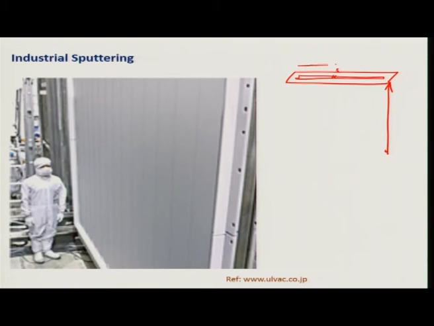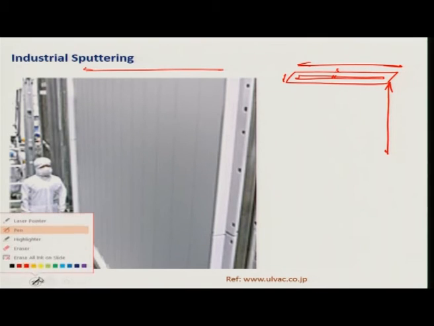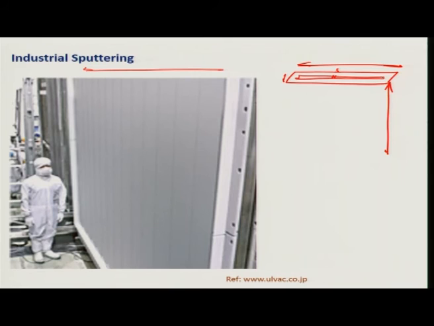So, the width of this would be exactly like this, but this length can be much smaller, okay, and the racetrack on top of this, in the front of the cathode, will be like this. Okay. So, this will be the racetrack for electron motion and also the sputtering pattern.